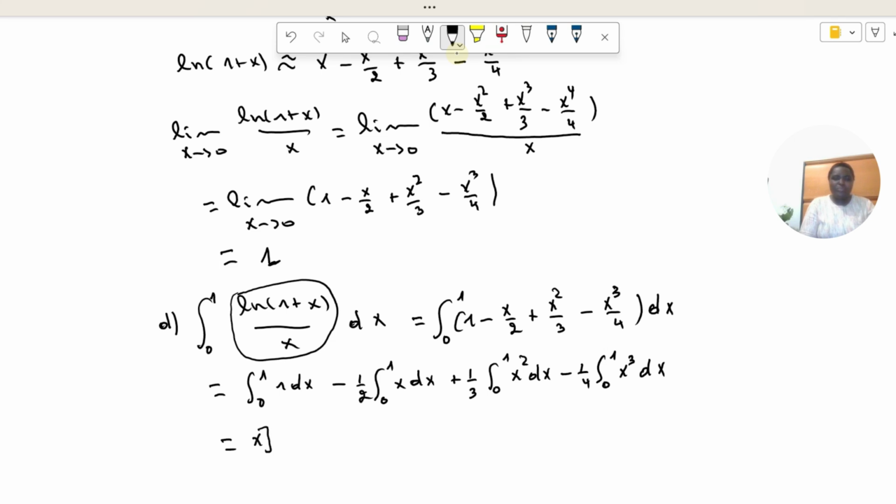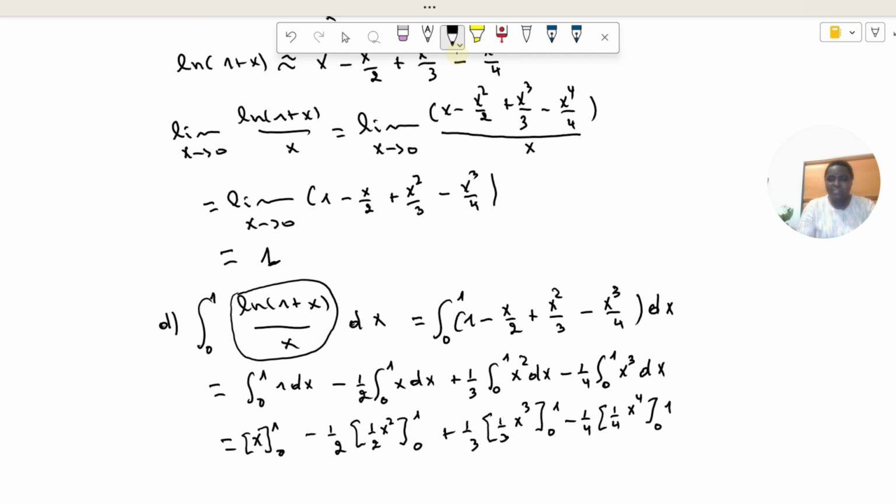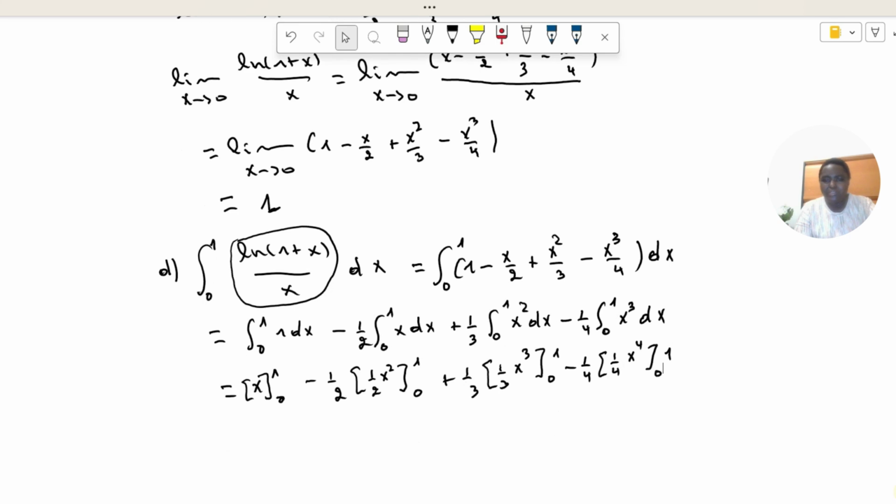Then we evaluate it from 0 to 1, and minus 1 over 2 times the integration of this one, which is 1 over 2 x squared, evaluated from 0 to 1, and then plus 1 over 3, and that integration will be 1 over 3 and x power 3, from 0 to 1, and minus 1 over 4, and that integration is 1 over 4 and x power 4, from 0 to 1. Alright, so this will be equal to what?